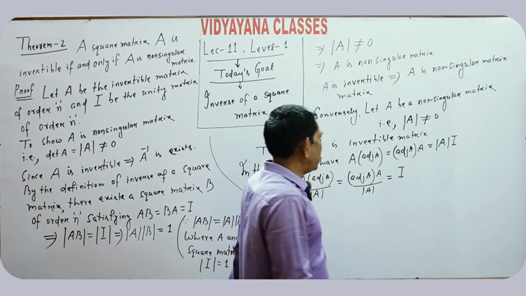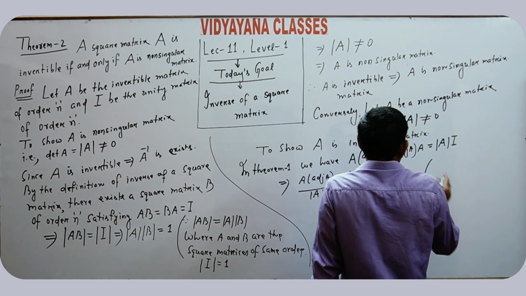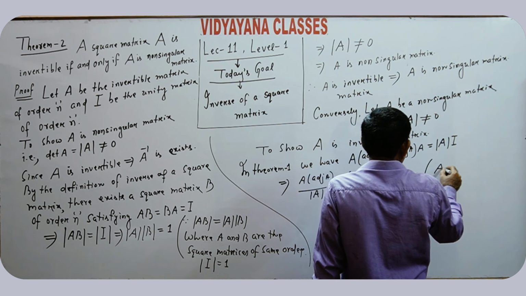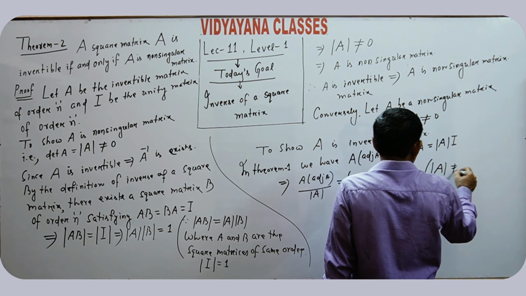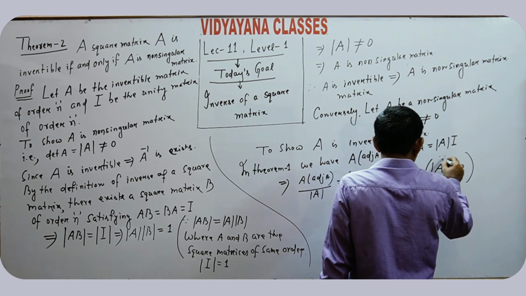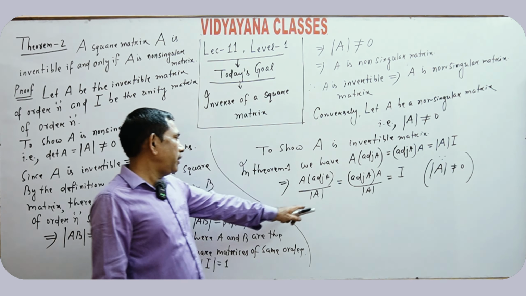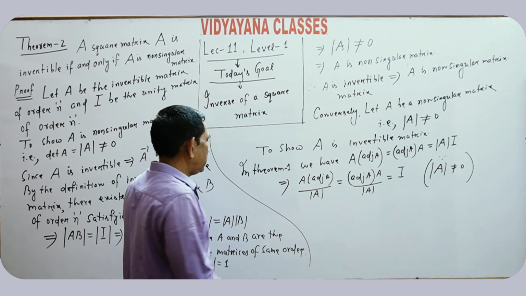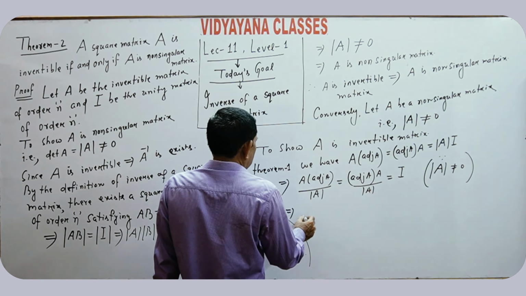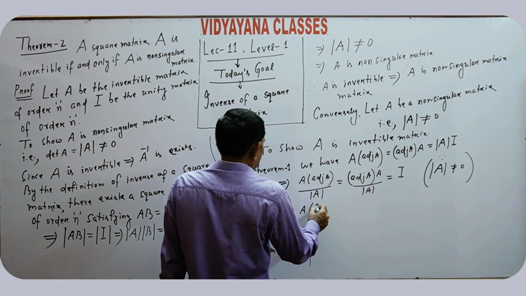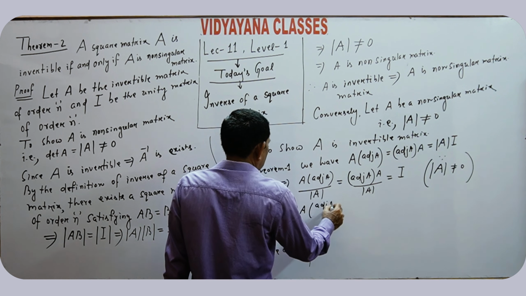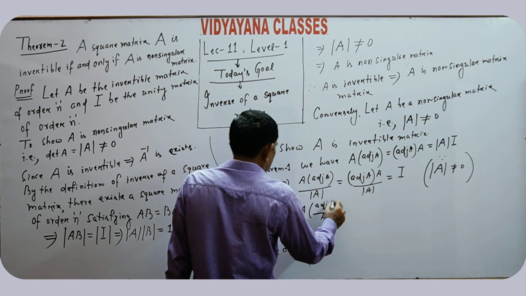Since A is non-singular, that means determinant of A not equal to 0. Clear? So we can divide by determinant of A. That implies A into Rj divided by determinant of A.